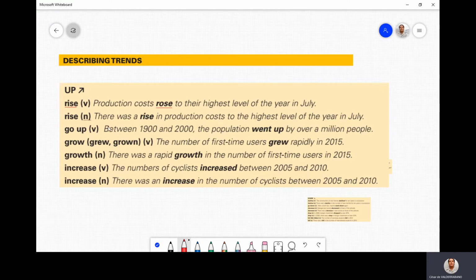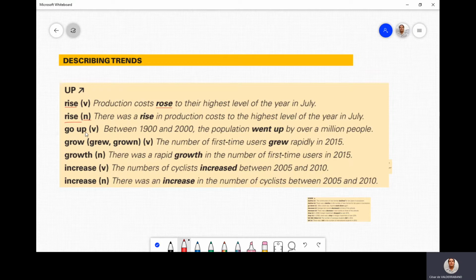You have to distinguish the difference in the use of rise as a verb and rise as a noun. Look at this: there was a rise. Production cost rose to the highest level of the year in July. You have to be very careful when you're using these two words, whether as a verb or as a noun.